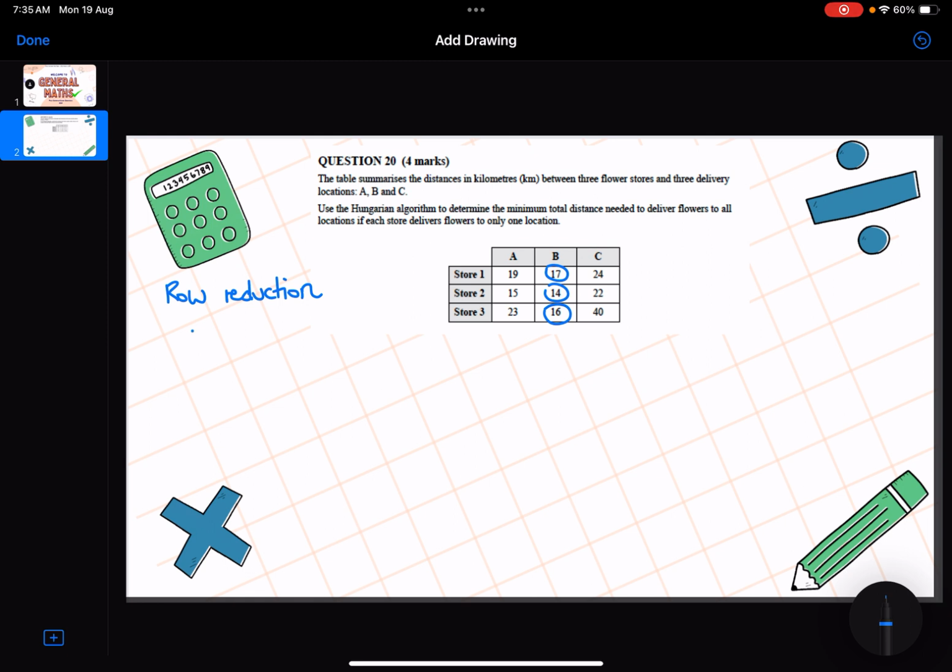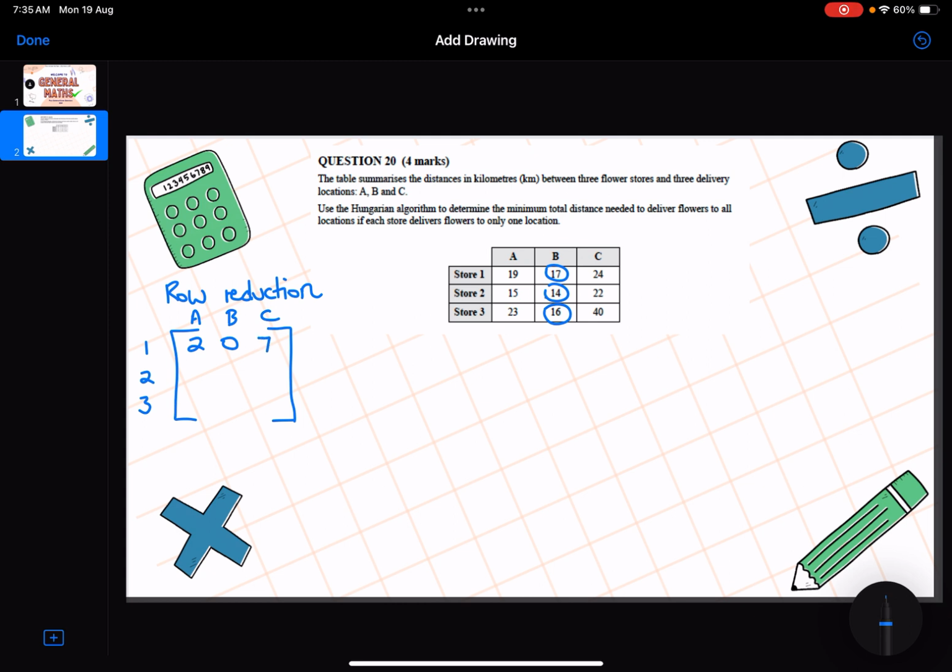So in order to complete the row reduction, I need to draw up the matrix. And I've got store 1, store 2, and store 3, and location A, location B, and location C. When I subtract 17 from the first row, 19 take 17 is 2, 17 take 17 is 0, and 24 take 17 is 7.